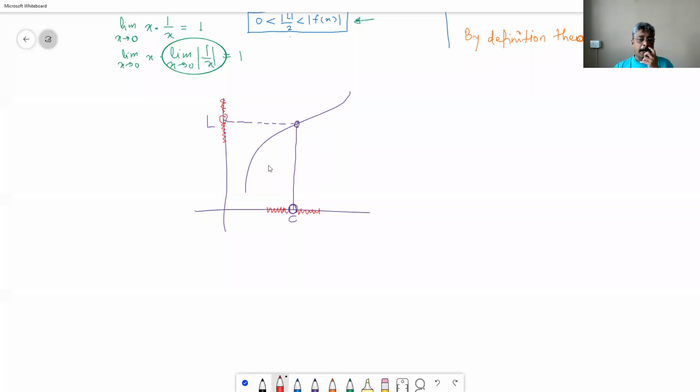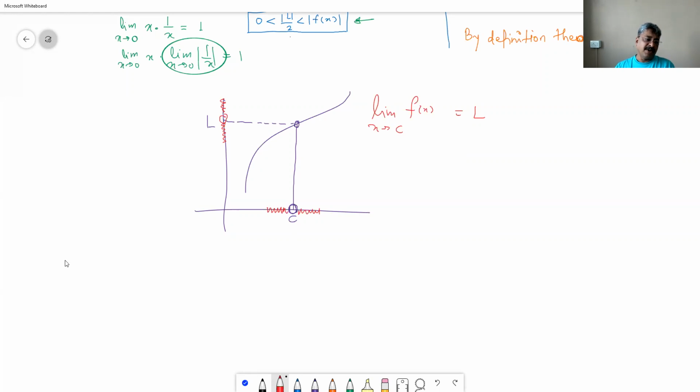But now suppose this limit exists, limit f of x as x tends to C is equal to L. The meaning of this statement is that if you go to C from the left hand side, or from the right hand side, near C the value of the function will approach L. So when I say going near C from the left hand side, I should define that.